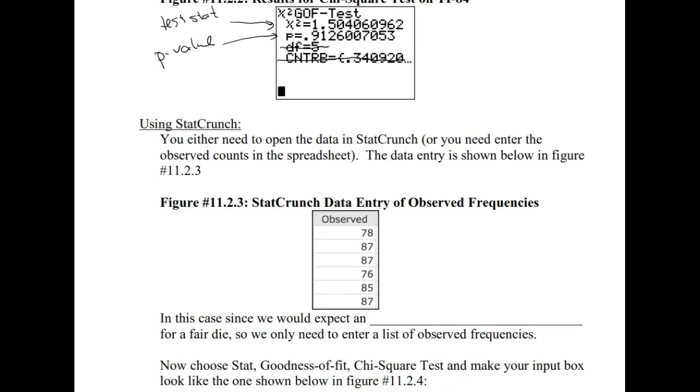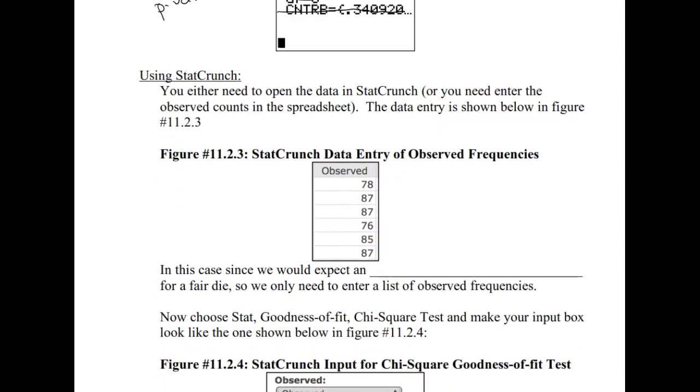But StatCrunch is a different story on what gets entered here, especially on this weird case of a die because we are expecting an equal number in all categories. Most qualitative survey questions that we give, we do not expect an equal number in all of the categories for those particular questions. So in this case, we would either open the data in StatCrunch or we would need to enter it. So again, we would enter in one column our observed counts.